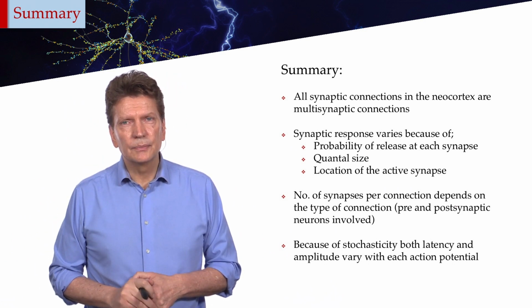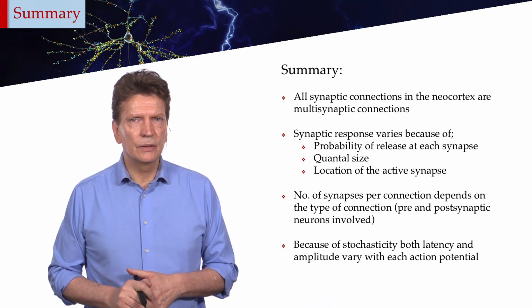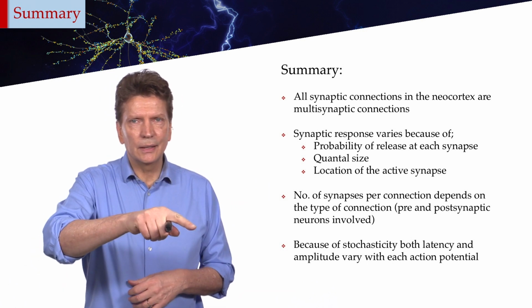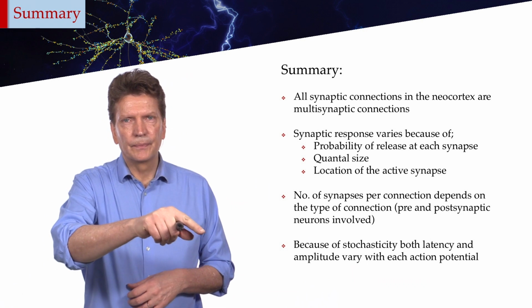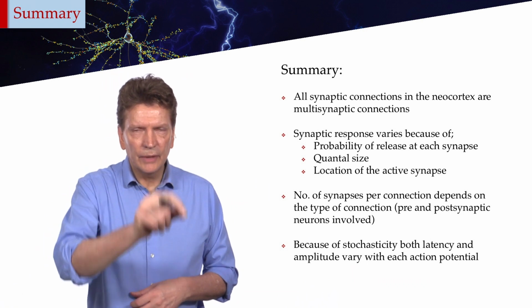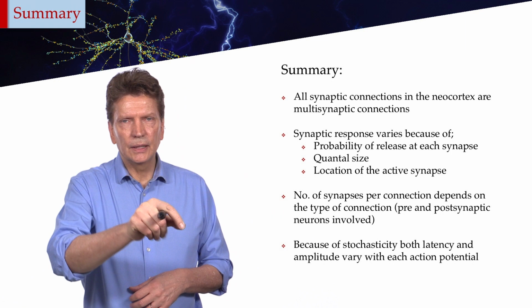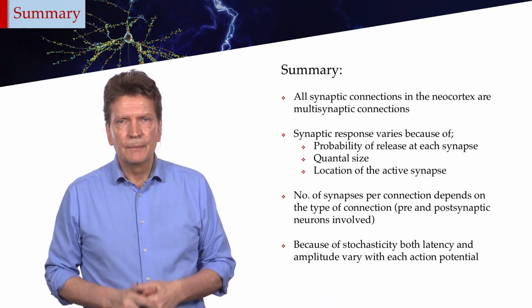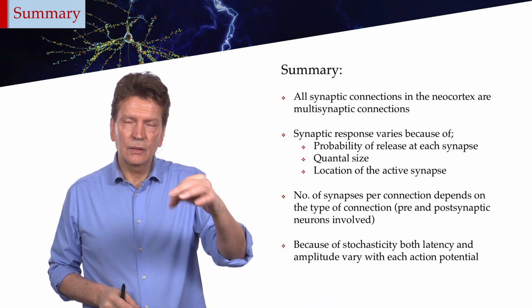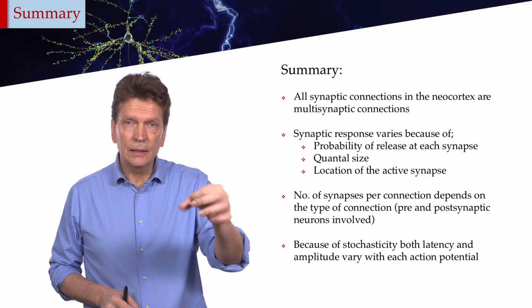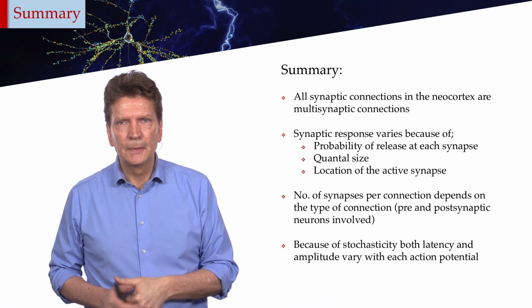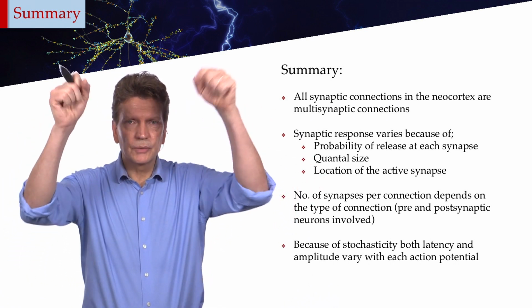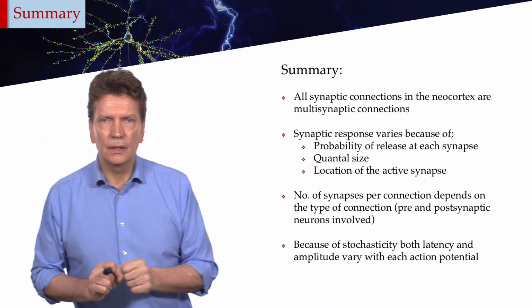Synaptic responses vary because every release site is probabilistic. So the vesicle can release probabilistically. The different synapses can behave probabilistically. The size of the vesicle can also vary slightly, not hugely, but slightly. And then the location of the synapses on the dendrites can vary a lot.